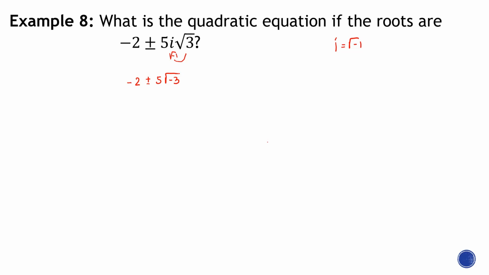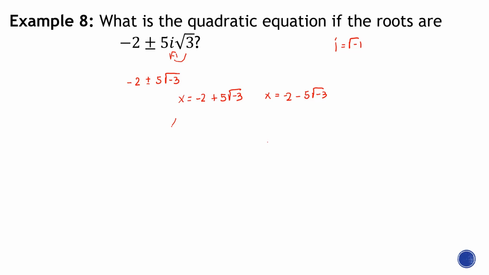Okay, so let's separate the two roots. The first is x equals negative 2 plus 5 square root of negative 3. The second is x equals negative 2 minus 5 square root of negative 3. Then convert this into binomials.